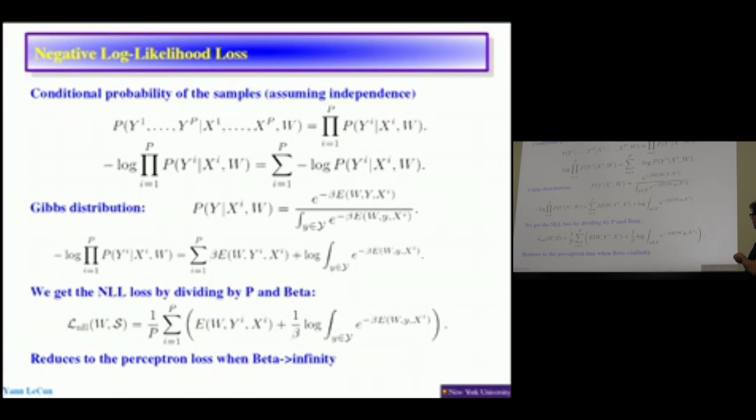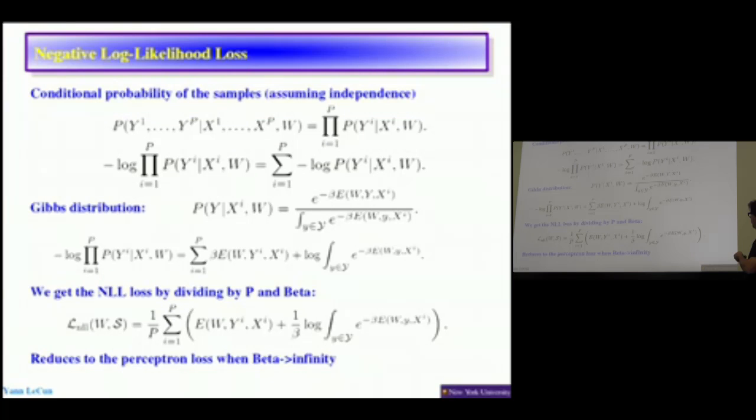The exponential minus for all the other ones is going to be much, much smaller. Okay? Because beta times this is going to be much, much bigger because beta is very large. Okay, so as beta goes to infinity, the only term that matters here is the term that contains the minimum energy, the energy that is produced by the y that has the lowest energy. Okay? So in fact, this whole thing collapses.